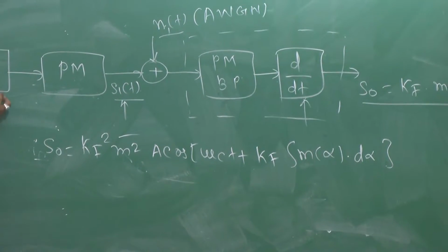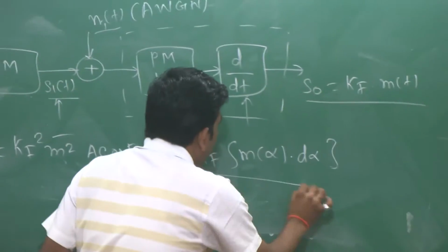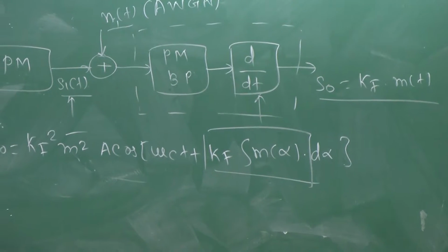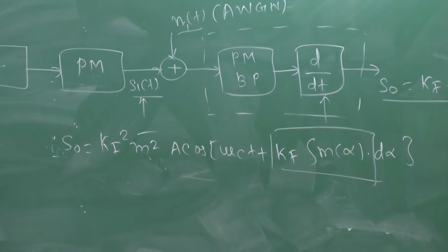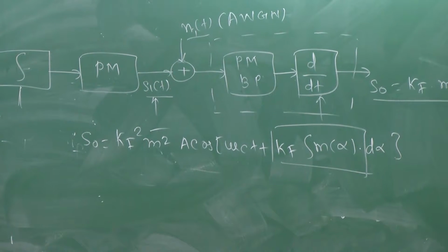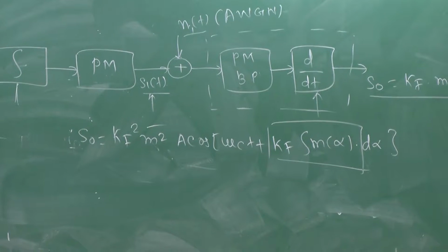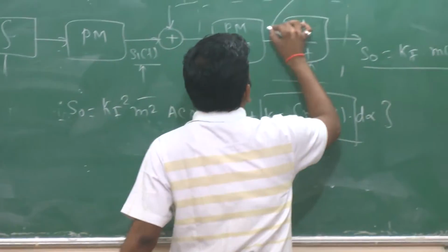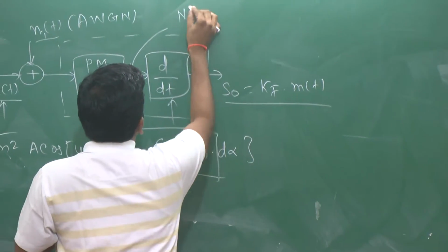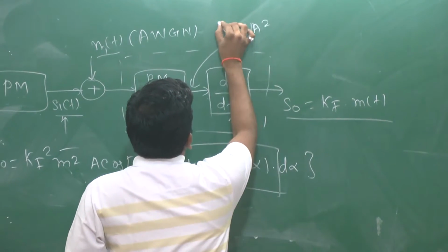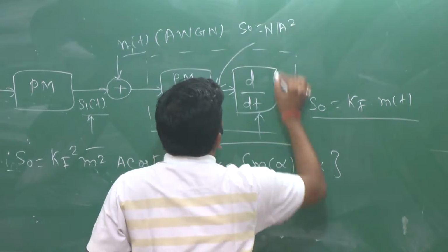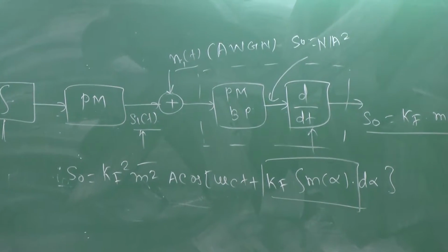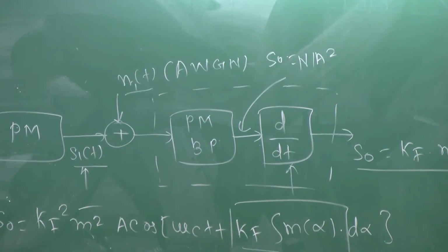The only change due to the integrator is that we get Kf into integration of m alpha d alpha. Here we will get noise, that is n by a square. N is the peak amplitude for white Gaussian noise and A is the amplitude.